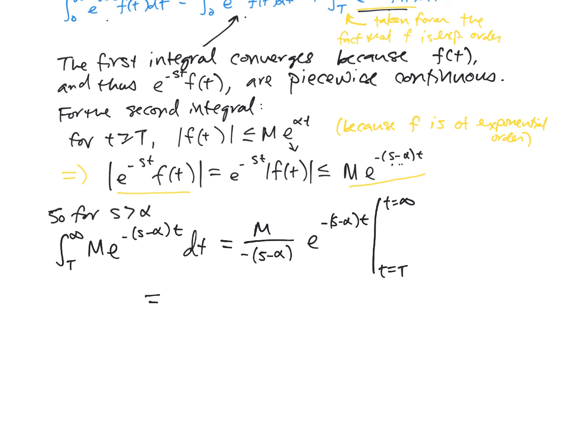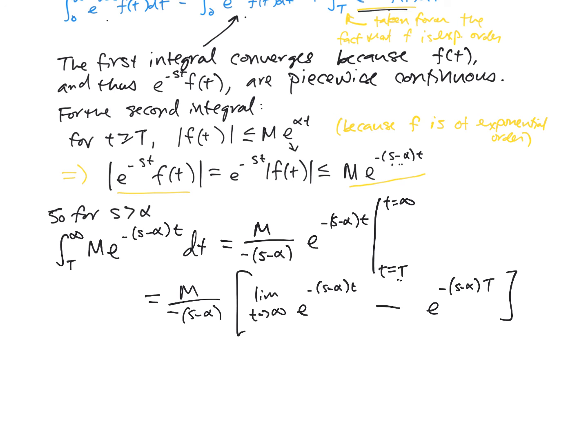So this equals m over negative s minus alpha, times the limit as t goes to infinity of e to the negative s minus alpha t, minus, for the bottom one, we can just plug in t equals big T. So it's just e to the negative s minus alpha big T.